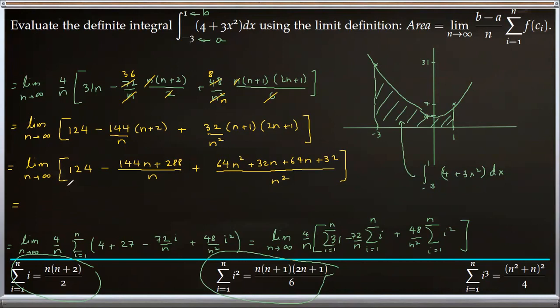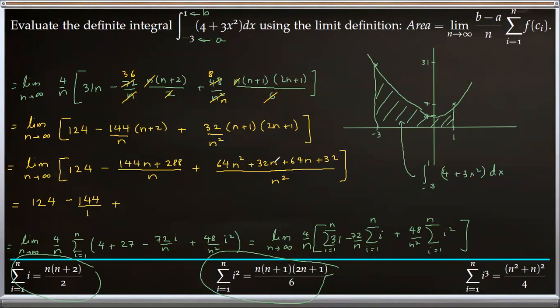Now we are ready to do the limit. As n goes to infinity, 124 is 124 minus, as n goes to infinity, for this one, since we have a polynomial of order 1 on the top and in the denominator, we just need to look at the coefficients of the leading terms. So 144 over 1 as n goes to infinity. And over here, the same thing.